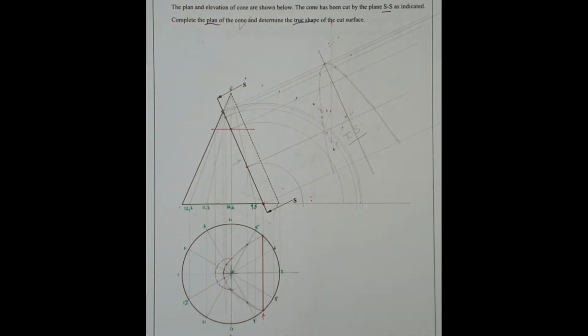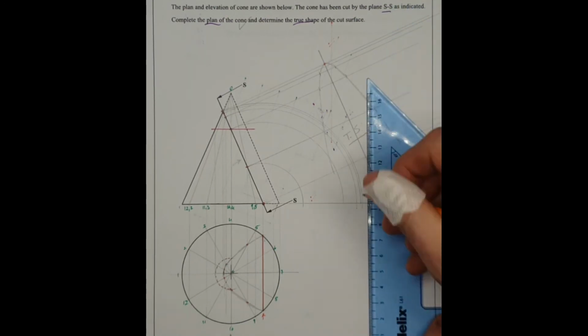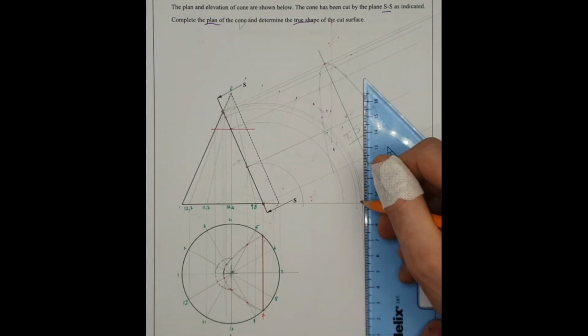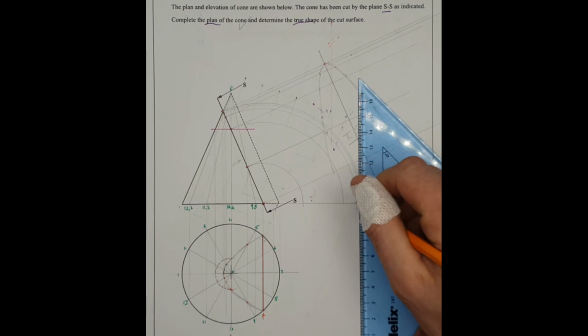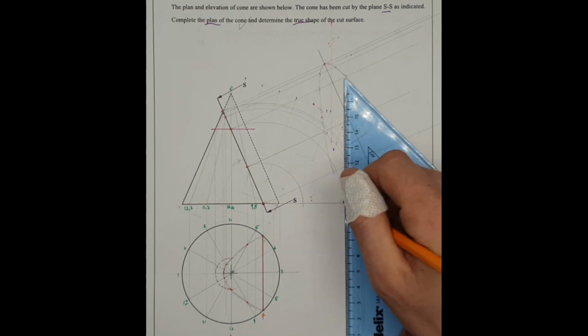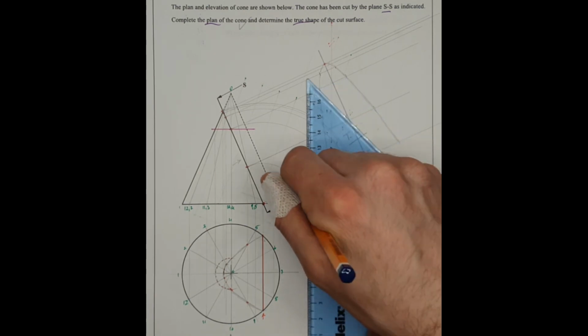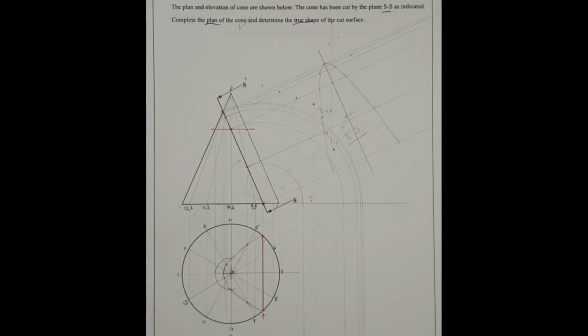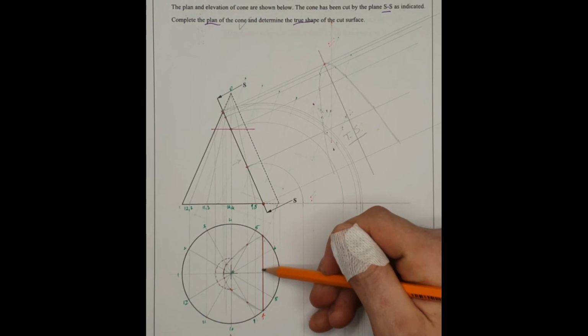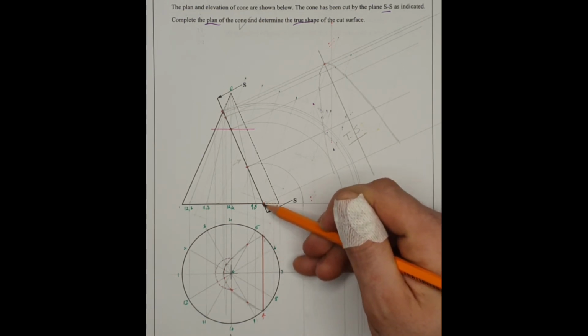I will project them down to plan. When we complete our rabattment, all points move perpendicular to the hinge line. That was the hinge line right there, highlighted in red as a point view.